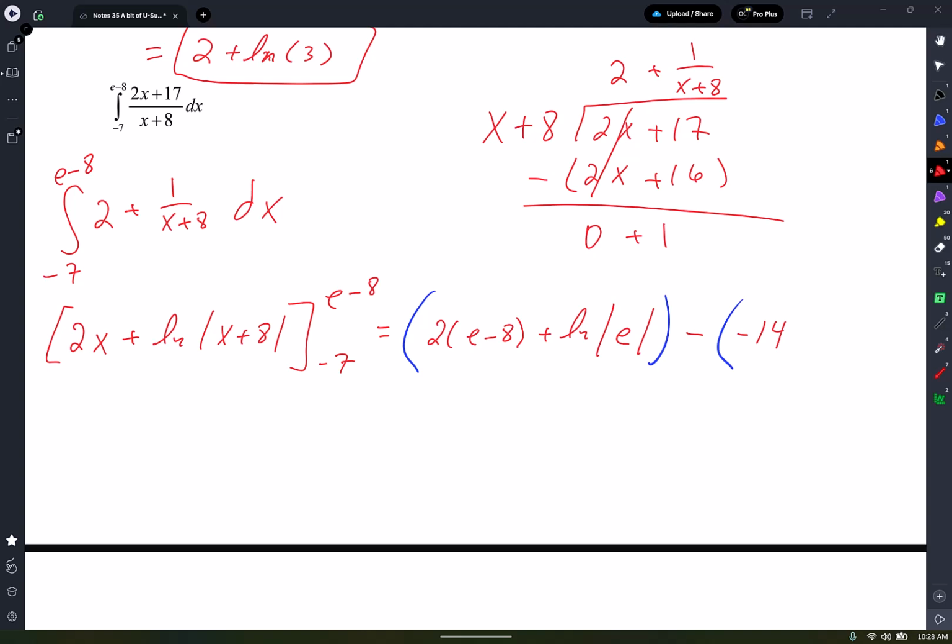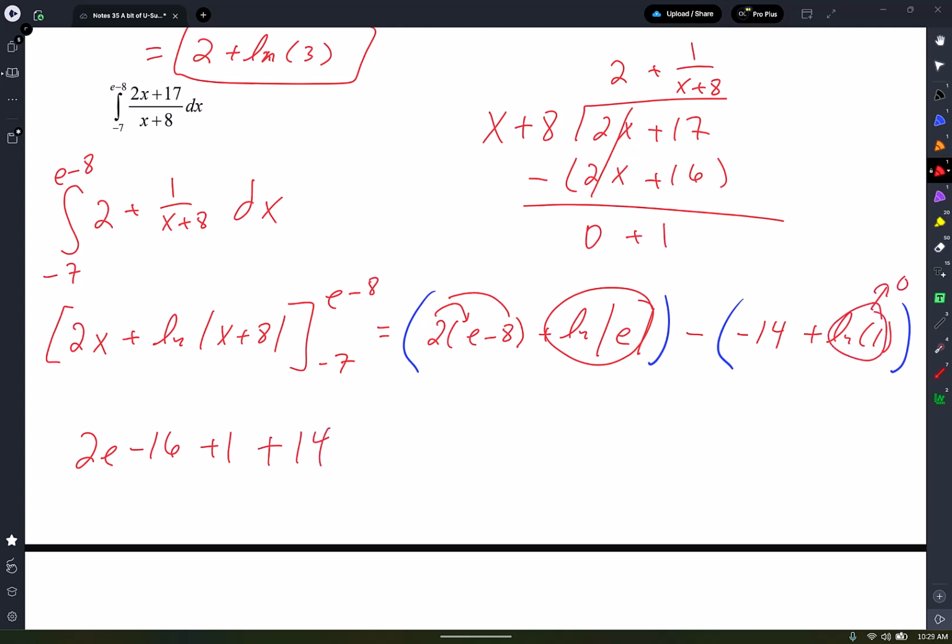And then ln of negative 7 plus 8, that's going to be ln of 1. And ln of 1 is just 0. So here we go. Let's see, what should I do? Distribute. So I'm going to have 2e minus 16. And then ln of e is plus 1. Plus 1. That's the top. Plus, that's a 0. Plus 14.